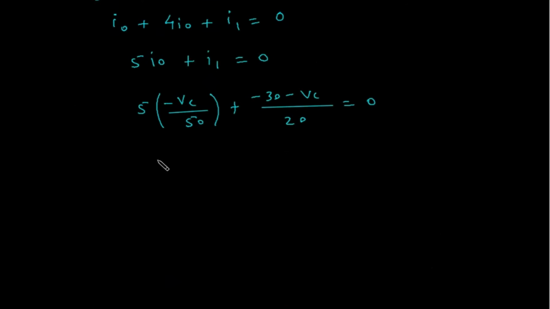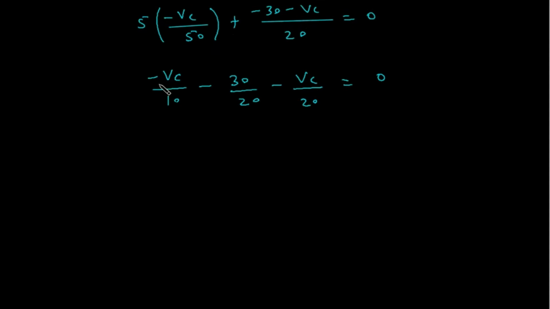Now this will be minus Vc by 10 minus 30 by 20 minus Vc by 20 is equal to 0.